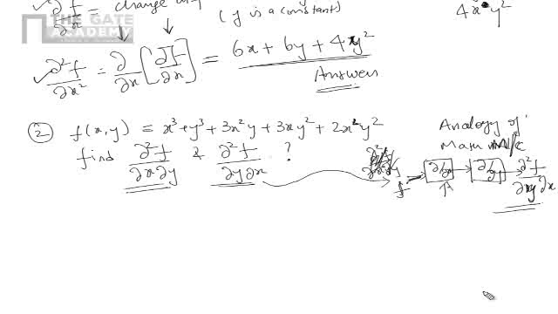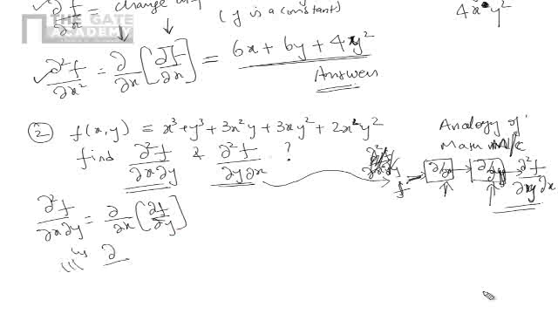First I operate with respect to x, then with respect to y. So ∂²f/∂x∂y is nothing but ∂/∂x of ∂f/∂y. Similarly, ∂/∂y of ∂f/∂x is nothing but ∂²f/∂y∂x. Clear? Okay.